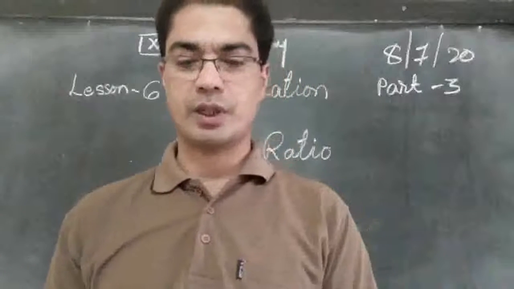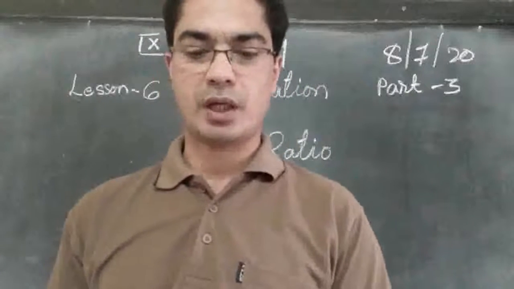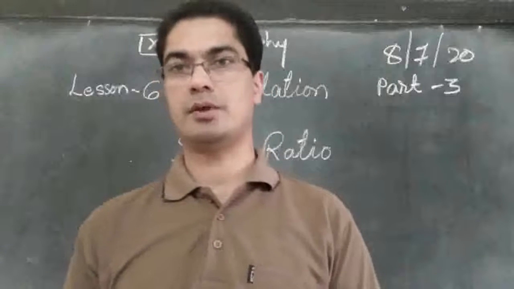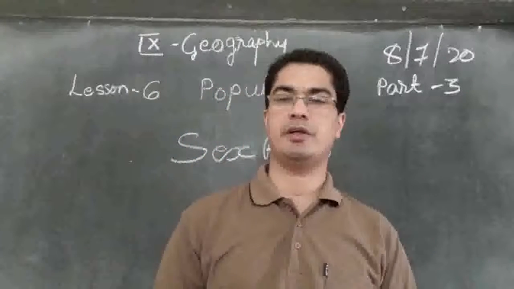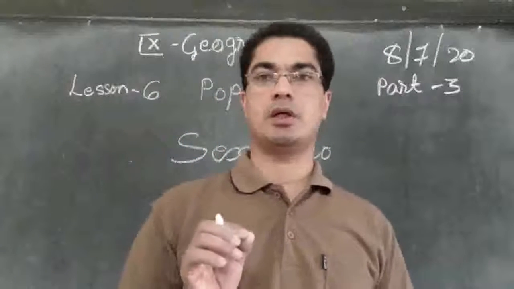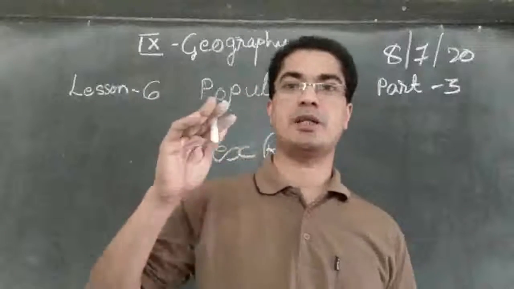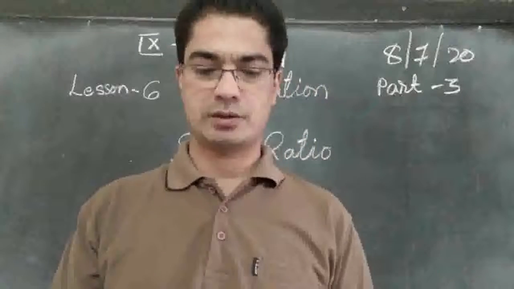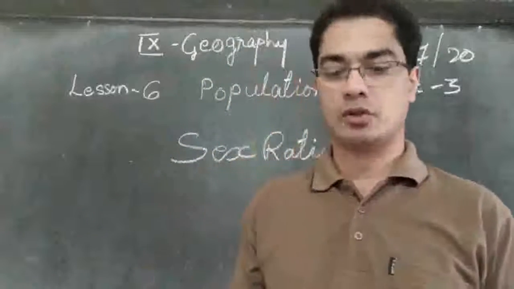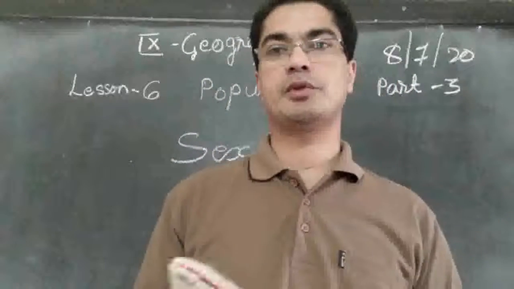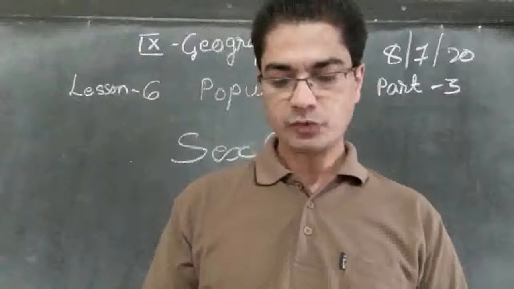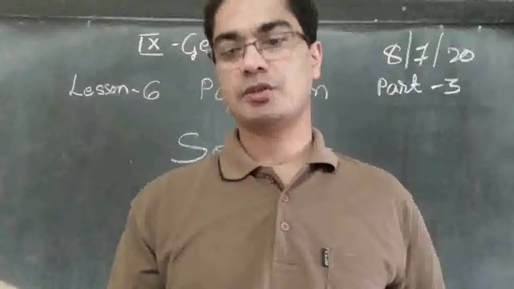The sex ratio in our country has always remained unfavorable to females. So most of the time in India, the number of males is higher and the number of females is less. That's why the sex ratio was always unfavorable to females. Find out why this is so.